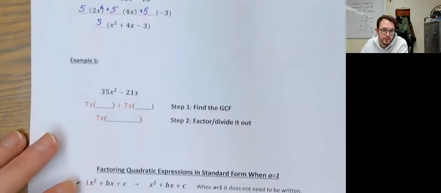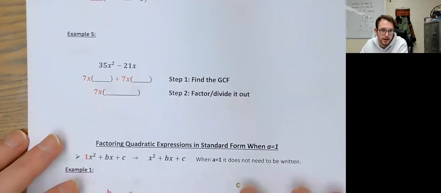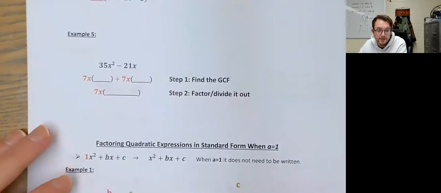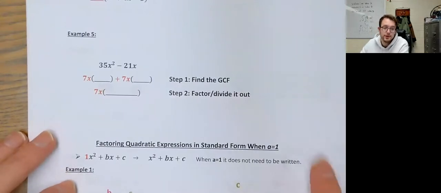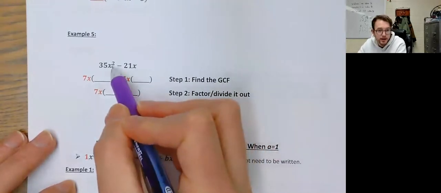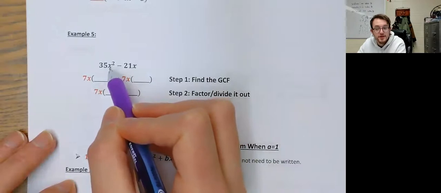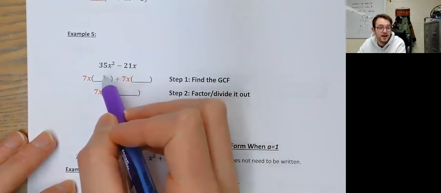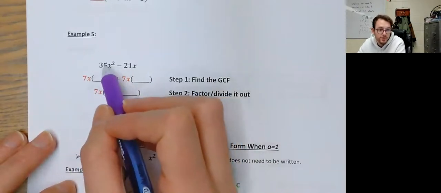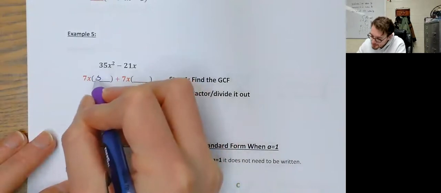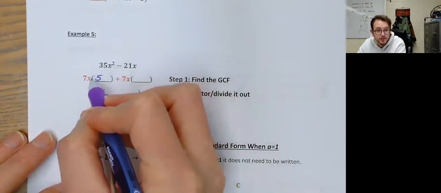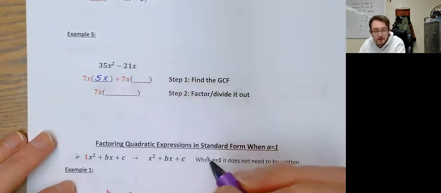So moving on. This one I did the opposite way. I gave my students the greatest common factor. So divide that out. What is 35x squared divided by 7x? Well, 35 divided by 7 is 5. And x squared divided by x is x.